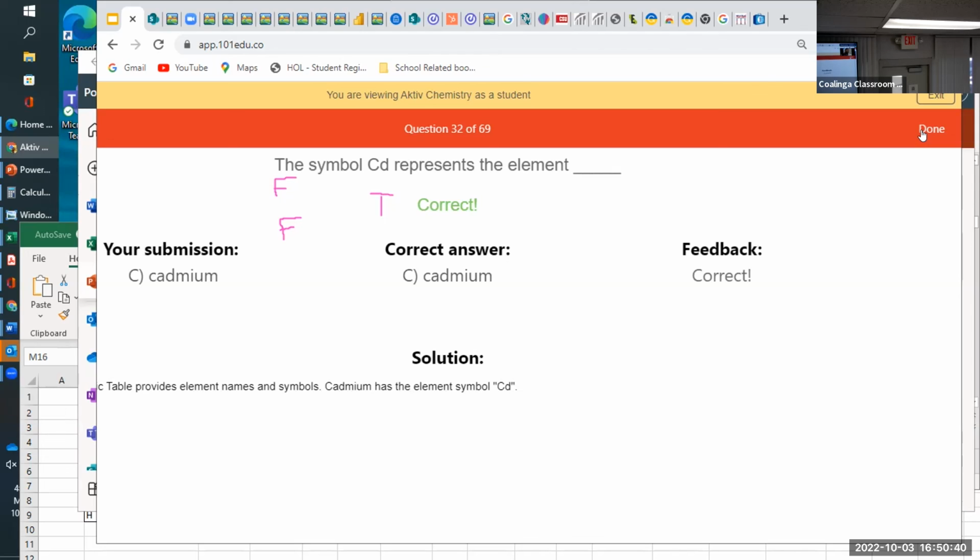Look at the rock cycle. Metamorphic, yes.